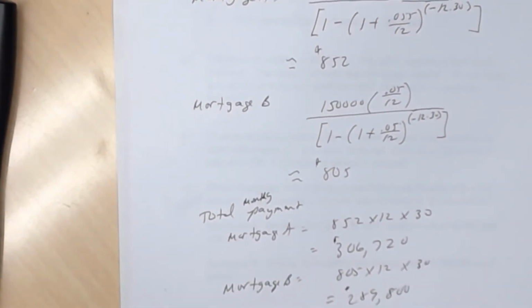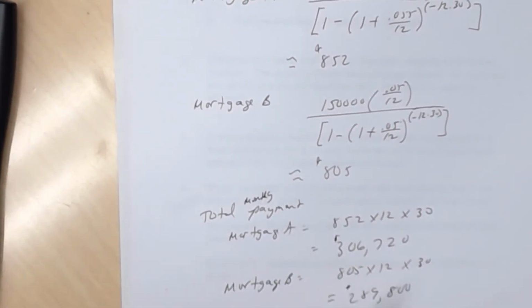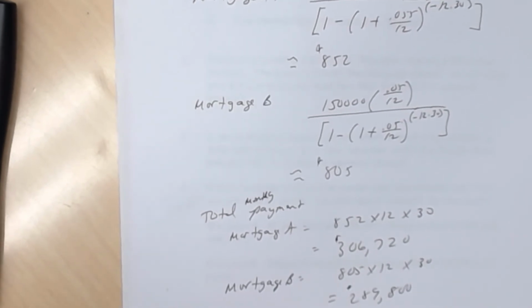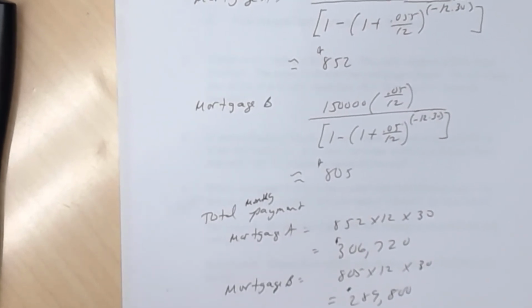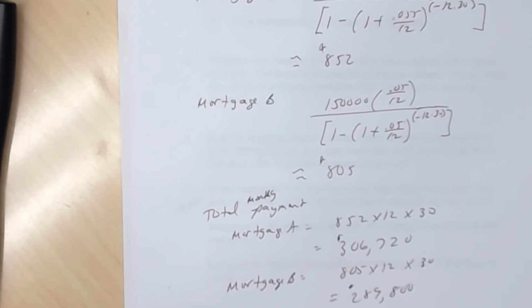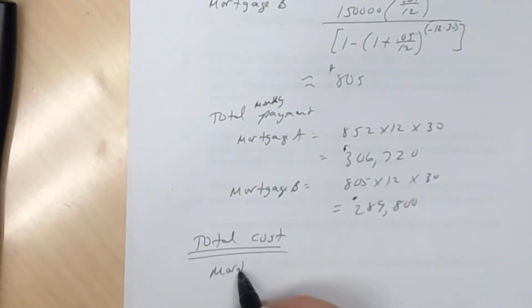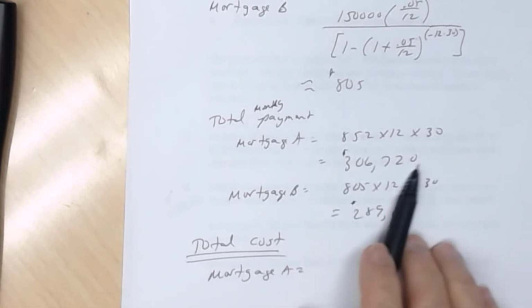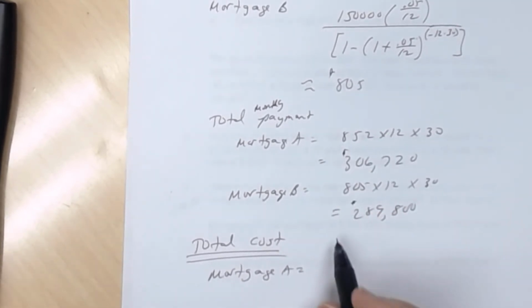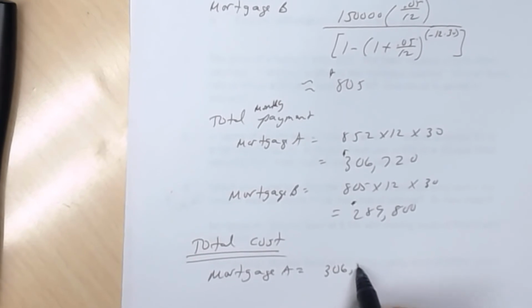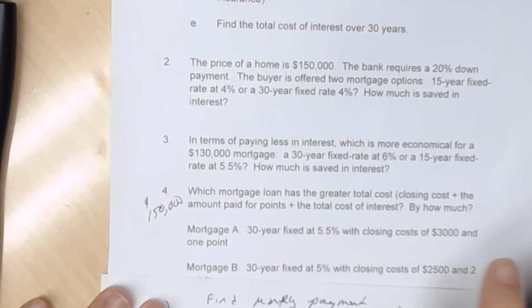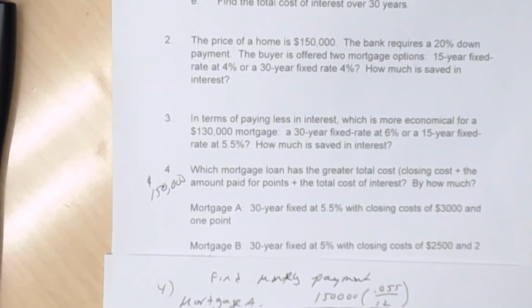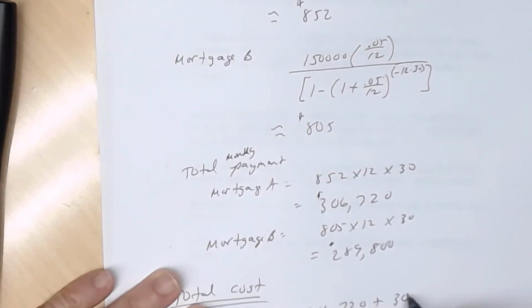The total cost for mortgage A, listen carefully, will be the total monthly payments plus the closing costs, which they told you was $3,000, plus your points.